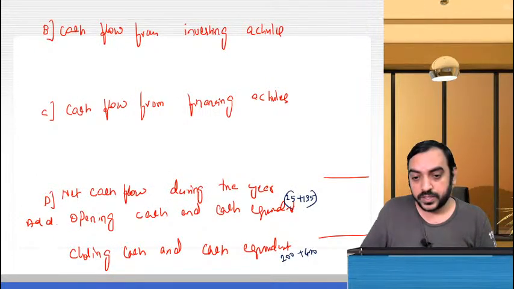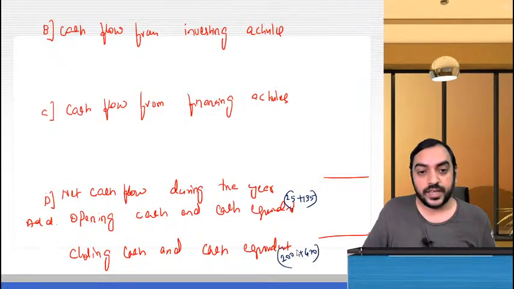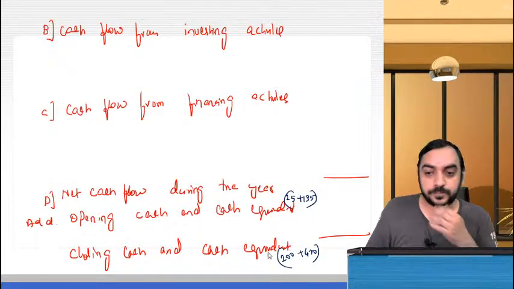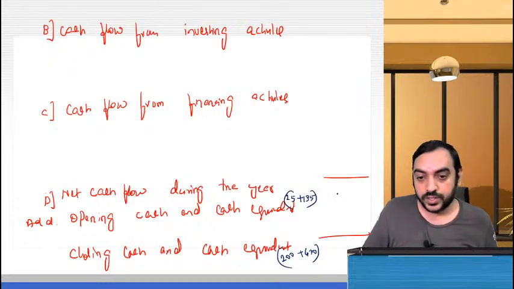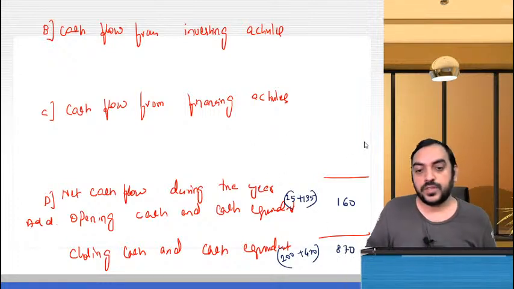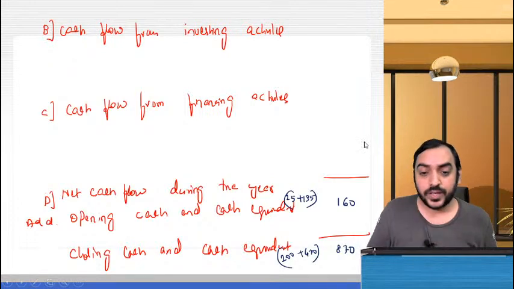How much do you get? 160 is opening cash and cash equivalents and closing is 870.